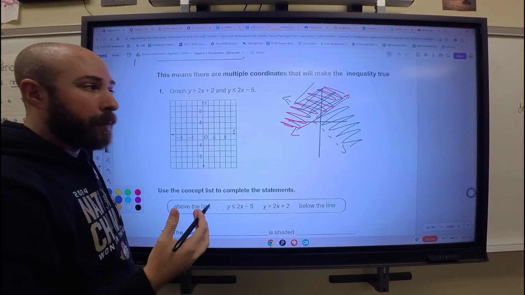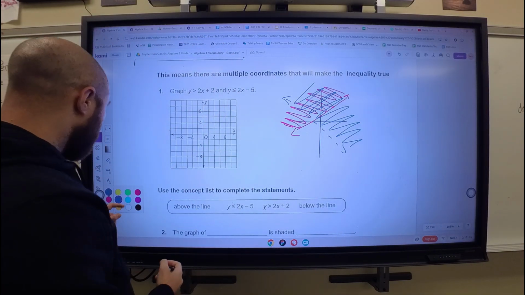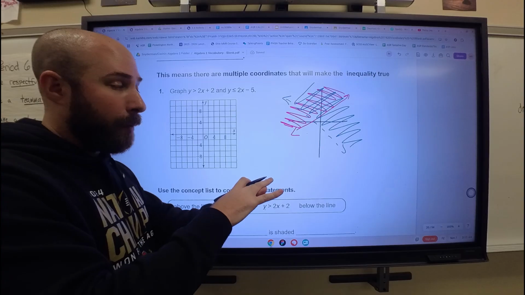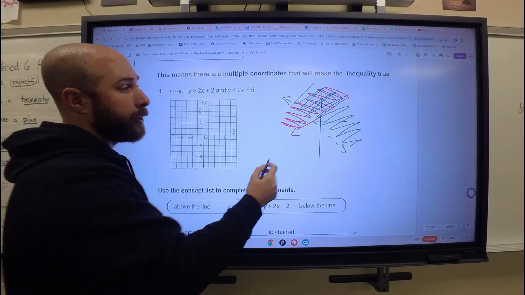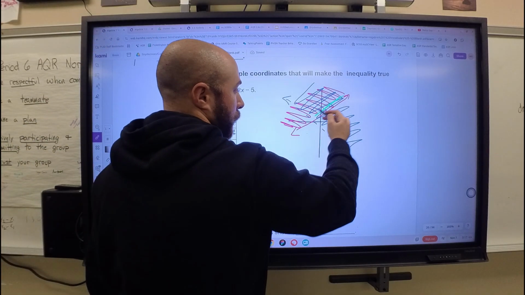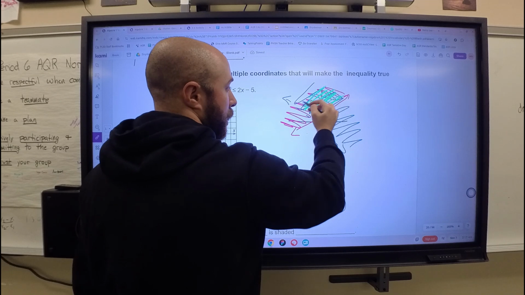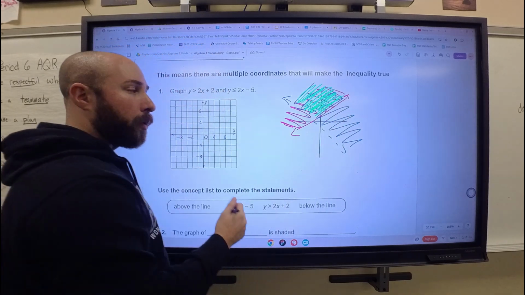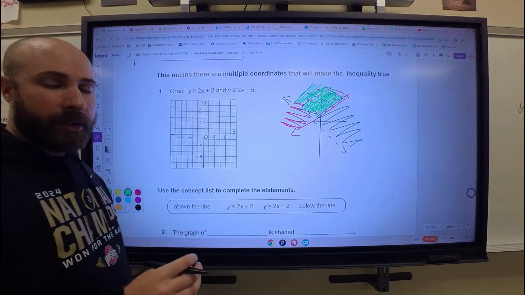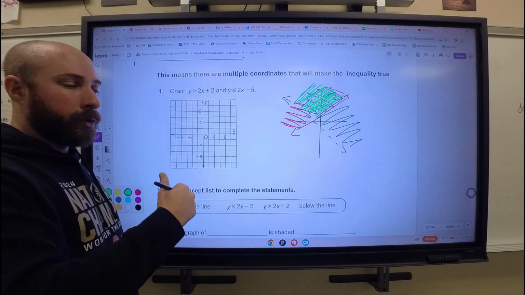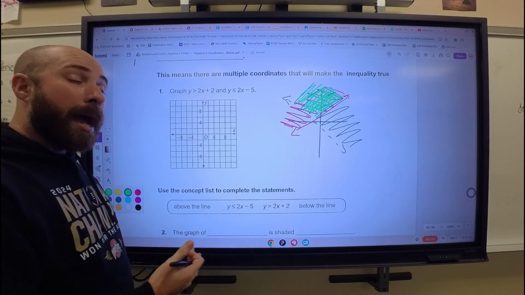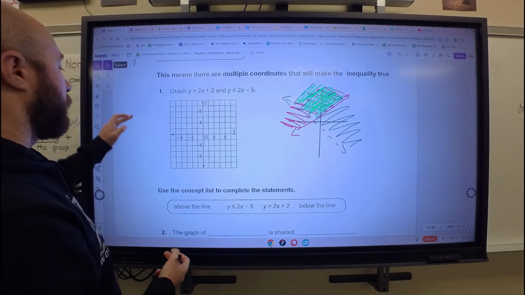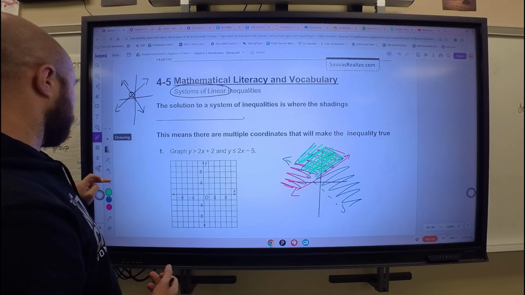And what we end up having is an overlap of those shaded regions. And that overlapping section is what we are looking for. We are looking for the overlapping section of those two inequalities, and that's where our solutions are going to be, okay, when we're dealing with a system.